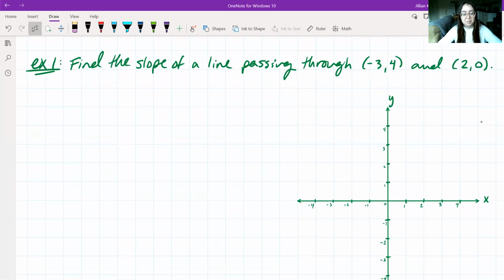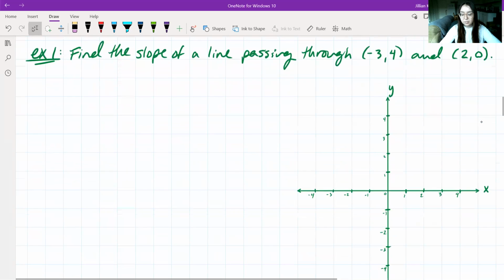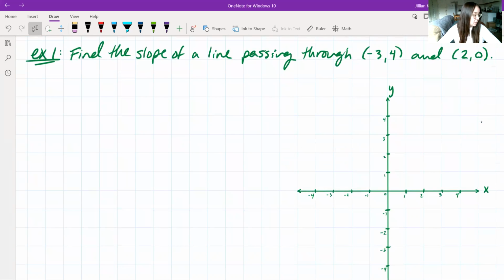So let's do our first problem. We want to find the slope of a line passing through the points -3, 4, and 2, 0. We do know the definition of slope, and we know how to plot points and draw a line, but let's go ahead and do both, as a bit of a checking system.